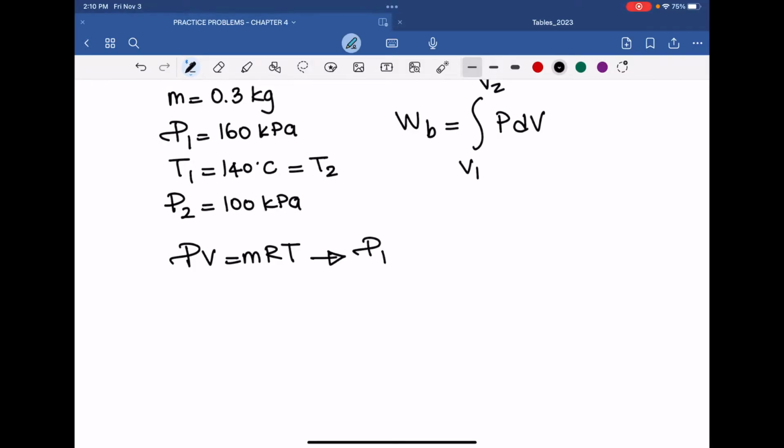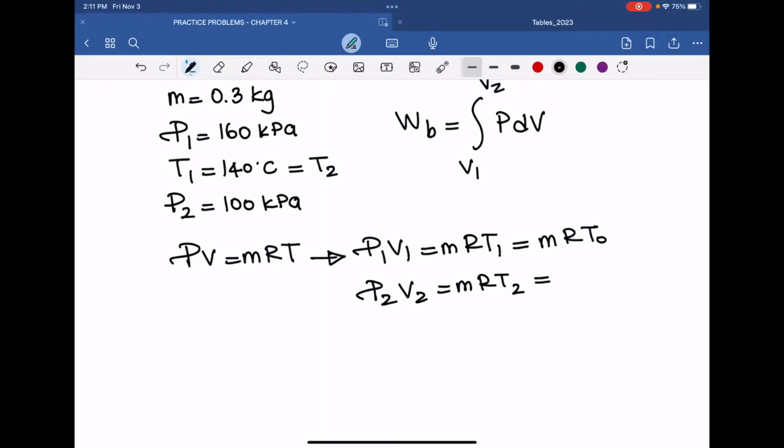You can write P1 V1 = mR T1. Remember, mR doesn't change. It's a closed system. Mass doesn't change. R doesn't change. And you can apply it to the second state. And we know T1 is also equal to T2. And we can say they are both equal to T naught, which is a constant.